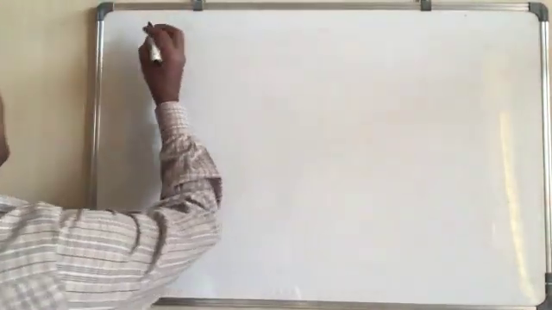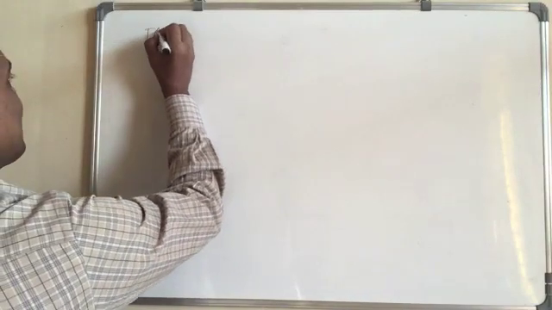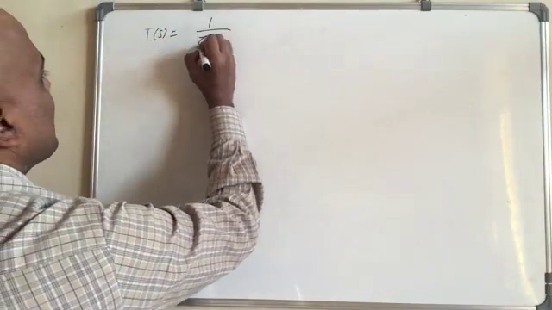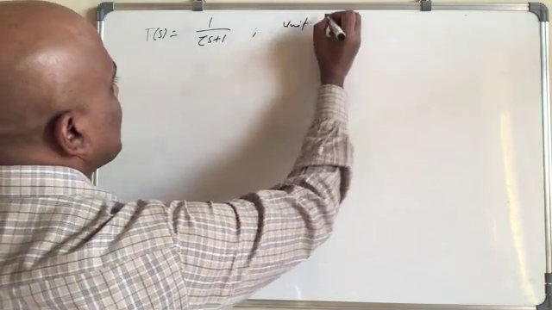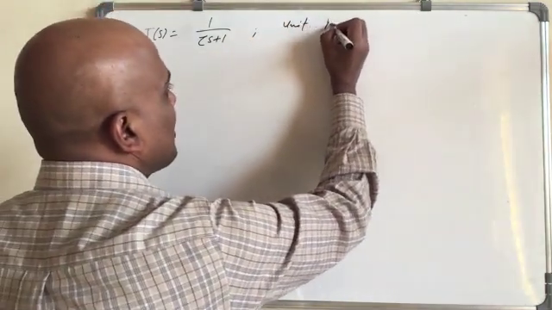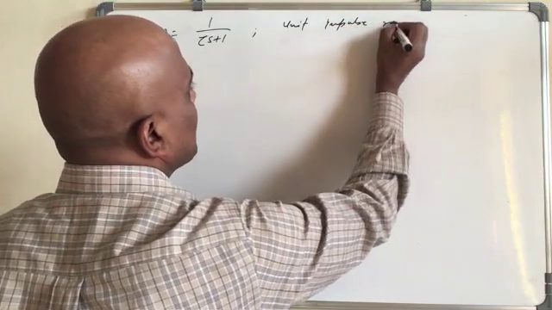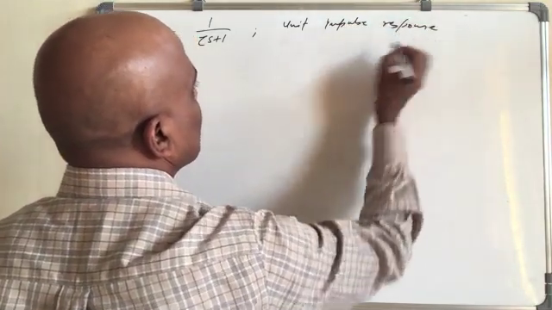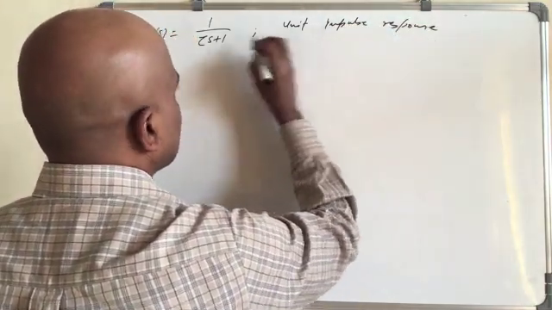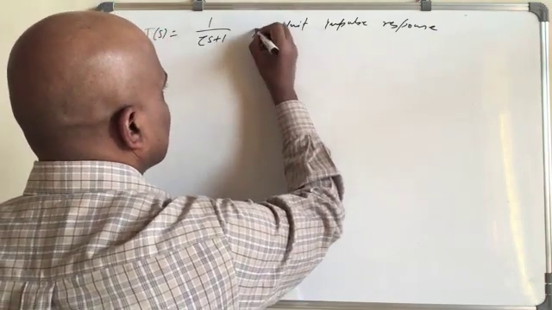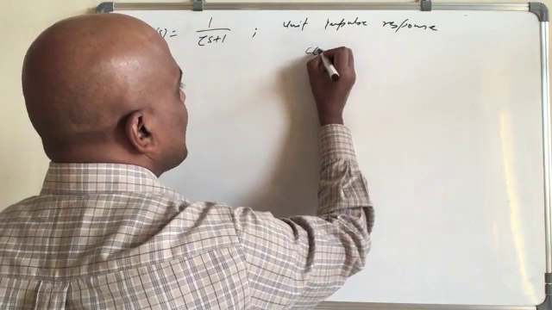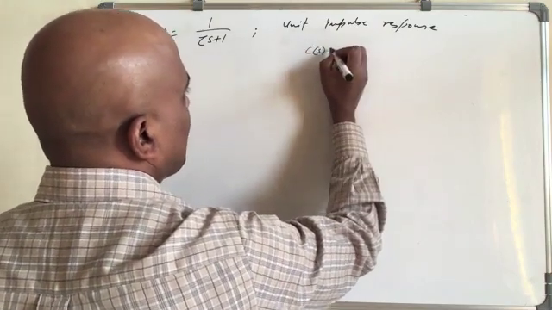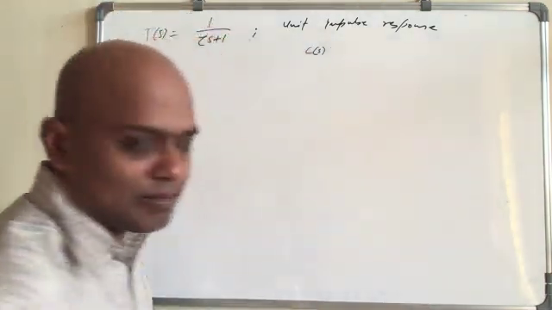So in general, if the transfer function is given as 1 over tau s plus 1, then the unit impulse response is given by Cs.